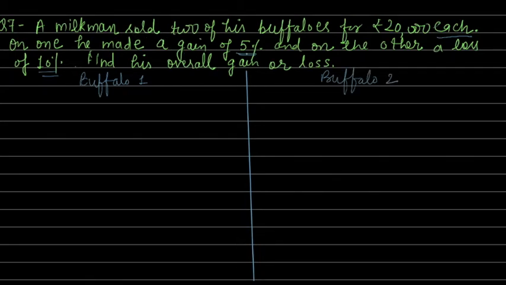Here the selling price is given, not the cost price. So the selling price is rupees 20,000, and for this buffalo also the selling price is rupees 20,000. Here he has made a gain of 5%, and in this transaction he has made a loss percent of 10%, right?